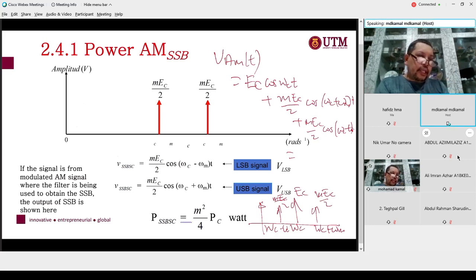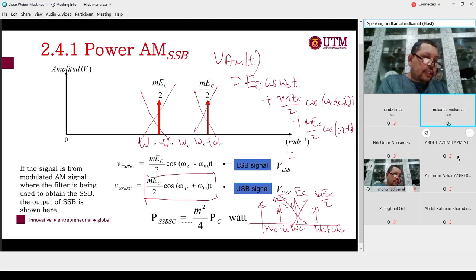Now we can see if you suppress the carrier, it becomes like this: double sideband suppressed carrier. Okay, so we have omega C minus omega M, omega C, omega C plus omega M. If you suppress one of the sidebands, you have a single sideband suppressed carrier. So you cannot suppress all. If you suppress all, nothing can be transmitted. So you can suppress either the lower sideband or the upper sideband. So this is the thing that you get from here.